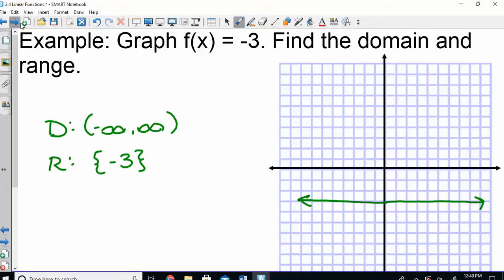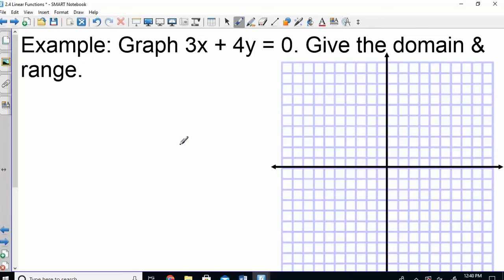If I gave you a line in standard form, like 3x plus 4y equals 0, what would you do to graph it? Get y by itself. Once you do that, get y by itself, draw the graph, and give domain and range. Solve for y. You subtract over your 3x.